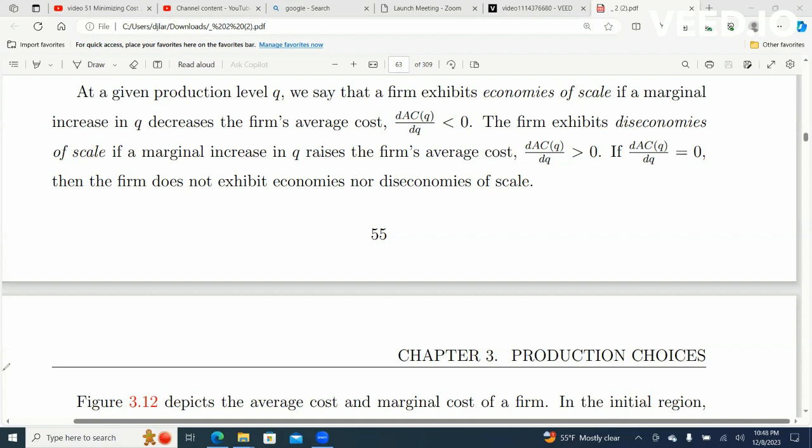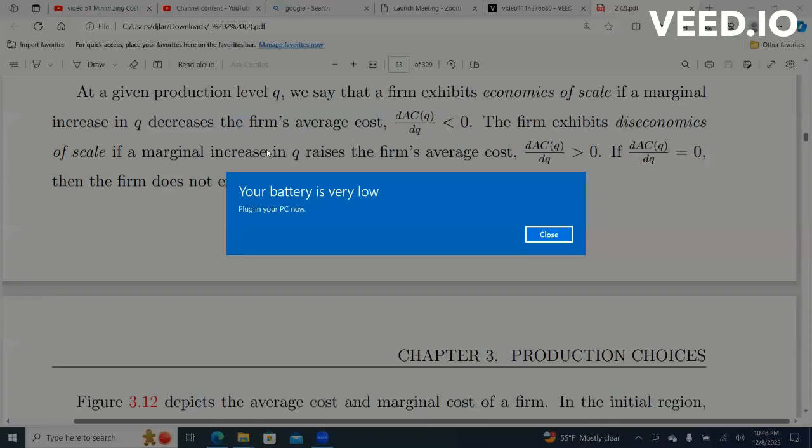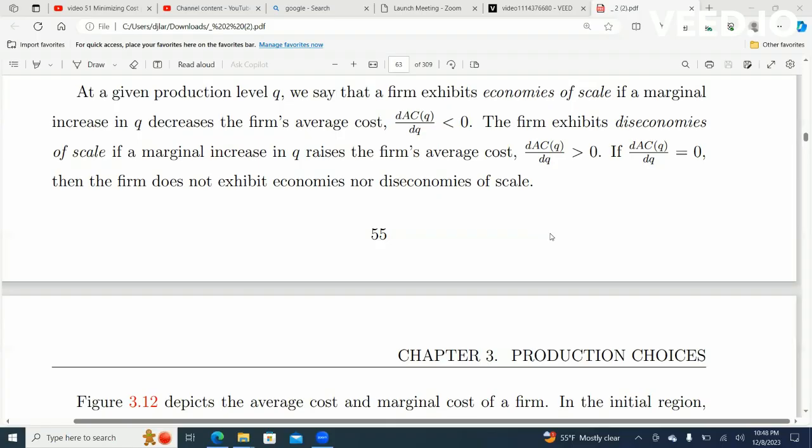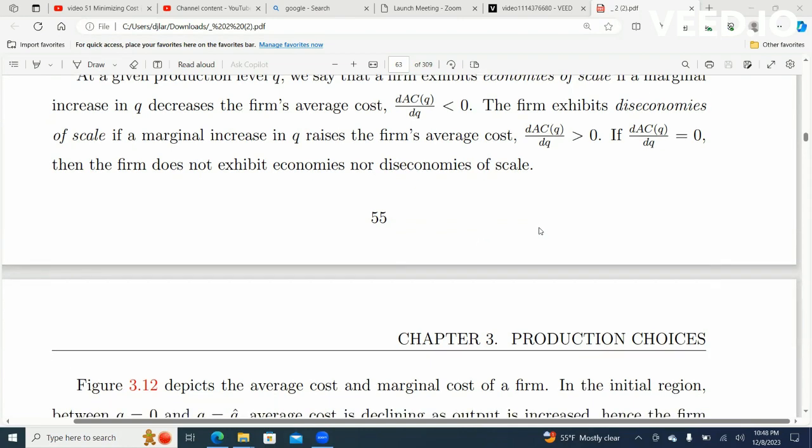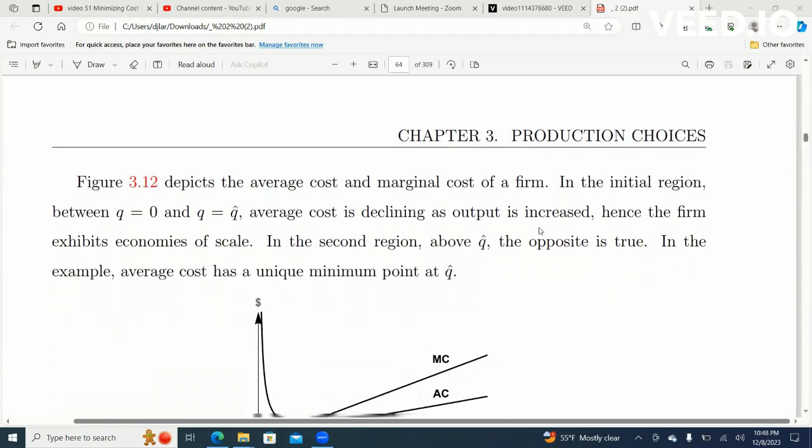The firm exhibits diseconomies of scale if a marginal increase in Q raises the firm's average cost. Equals zero, the firm does not exhibit economies nor diseconomies of scale.